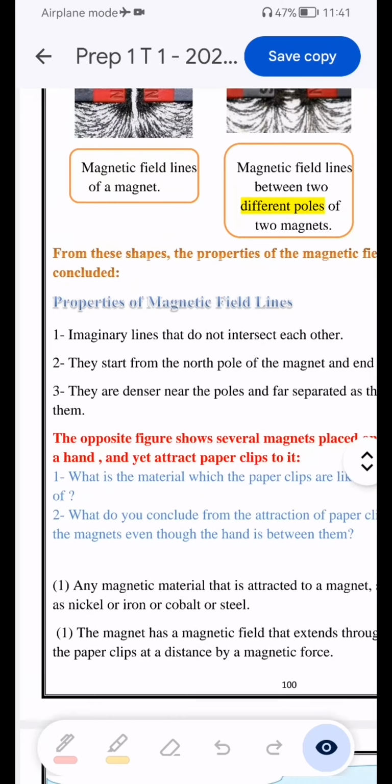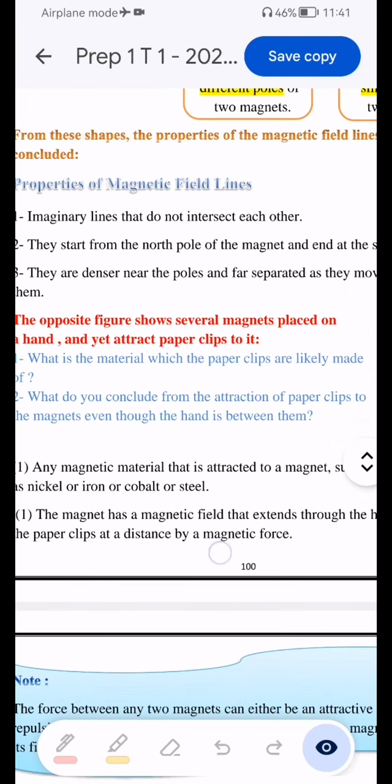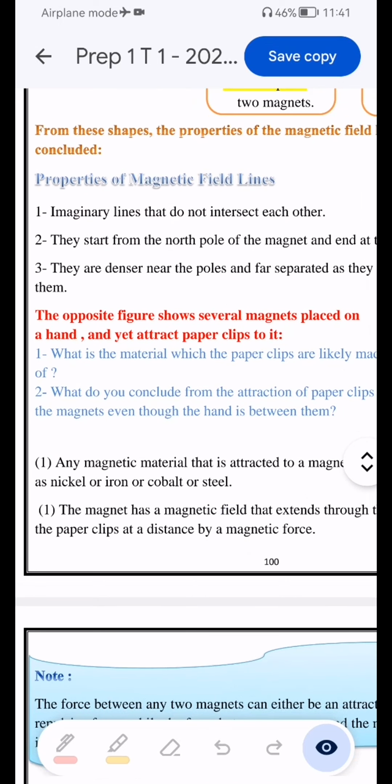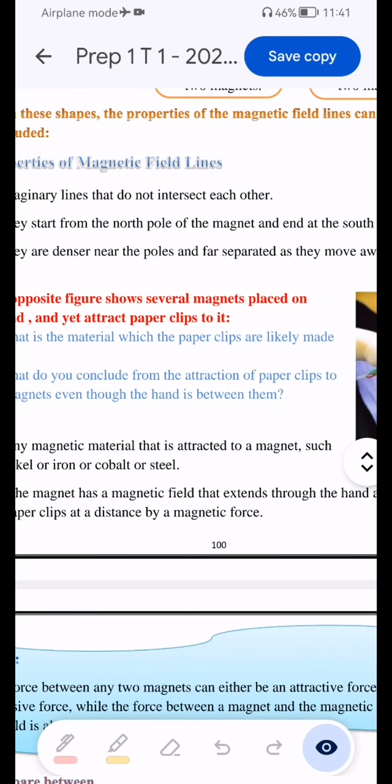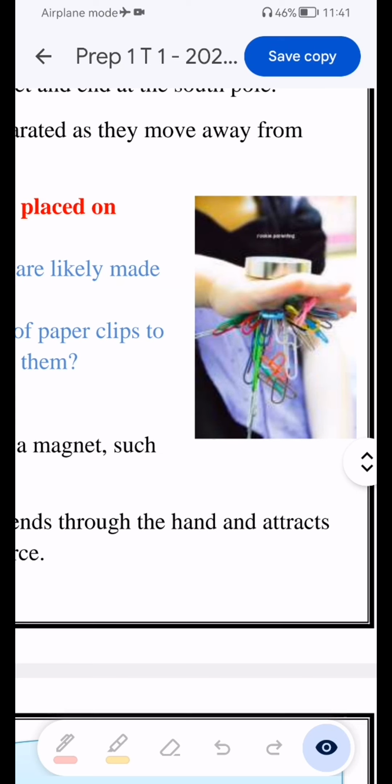The opposite figure shows a magnet placed on a hand and yet attracts paper clips to it. Number one, what is the material of which the paper clips are likely made? Paper clips are attracted to the magnet, so they are made of what? Iron, cobalt, nickel, steel, magnetic material.